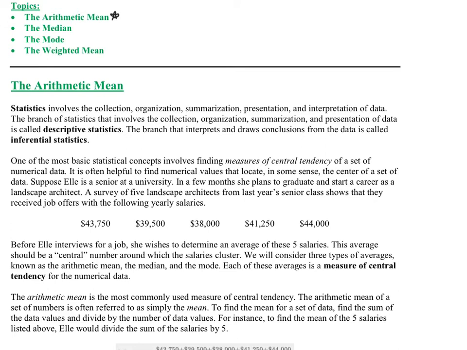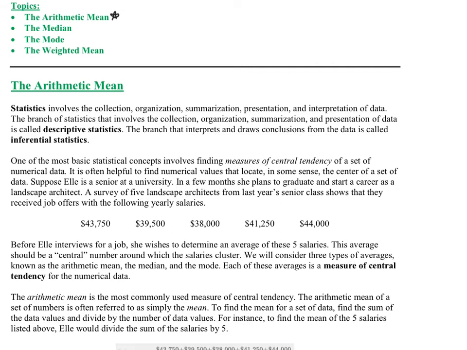It says one of the most basic statistical concepts involves finding measures of central tendency of a set of numerical data. It is often helpful to find numerical values that locate, in some sense, the center of the set of data. Suppose Elle is a senior at a university. In a few months, she plans to graduate and start a career as a landscape architect.